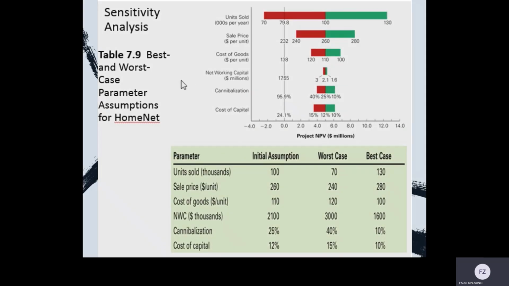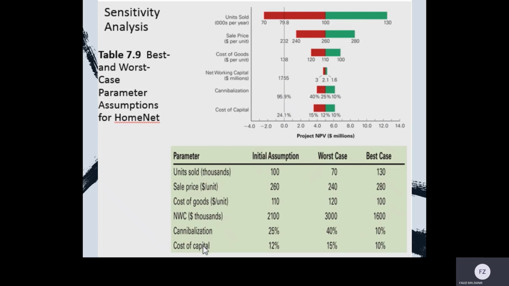In this sensitivity analysis, we have a table here, and then we have a horizontal bar chart. Let's say in the table we look at units sold. We have quite a number of line items here.